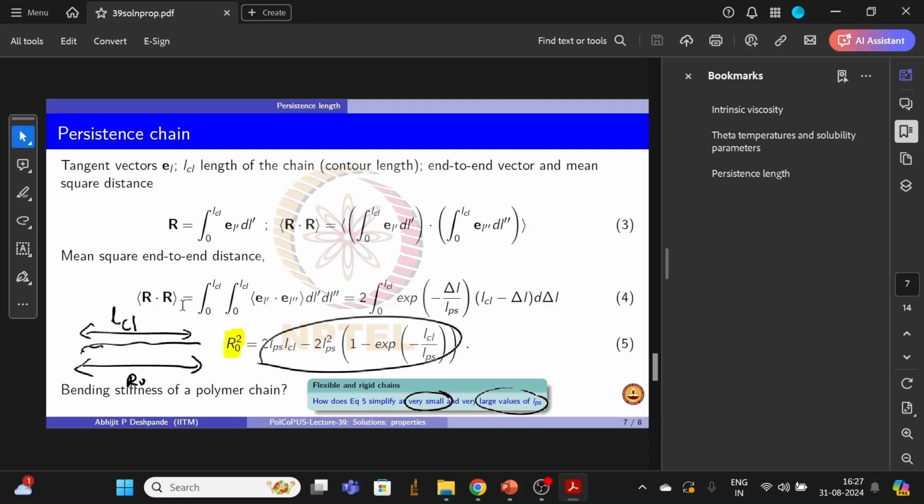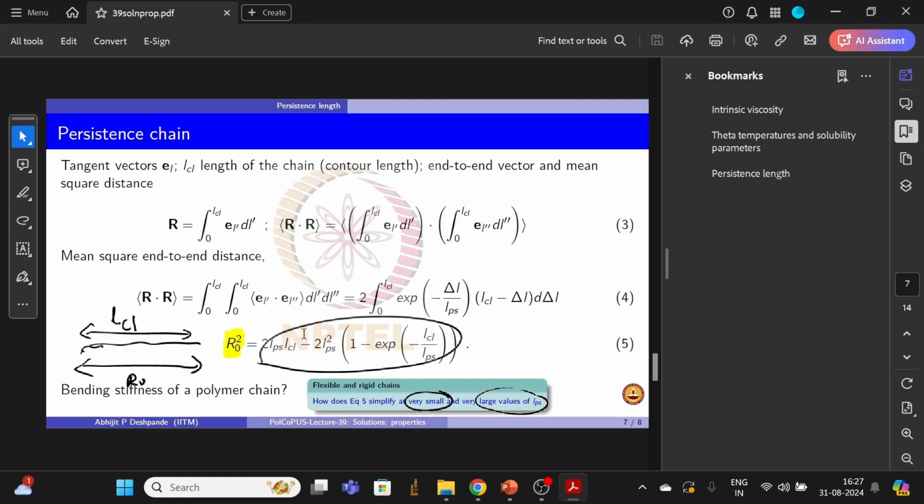So for a very large value of persistence length, the exponential term here, the denominator goes to infinity, so it becomes e power 0, that means 1.